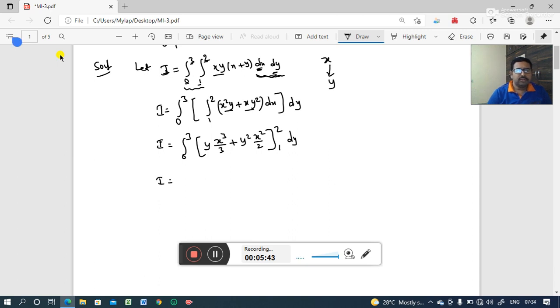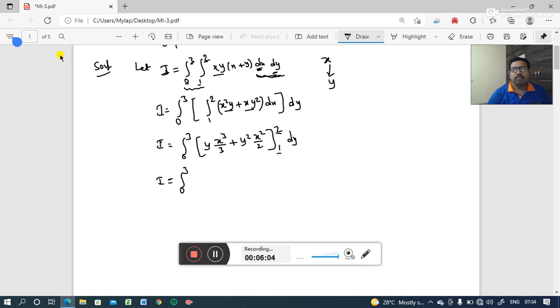I is equal to integral 0 to 3. Now we need to use these limits. Here the lower limit of x is 1 and the upper limit of x is 2. So let us substitute the limits. How to use the limits?